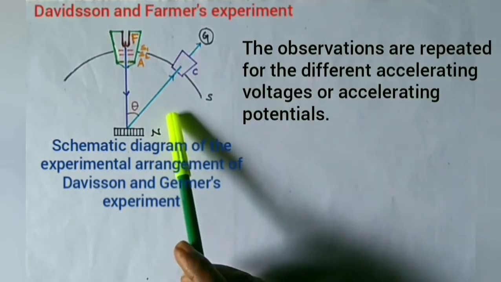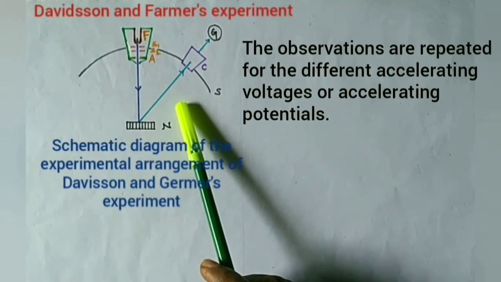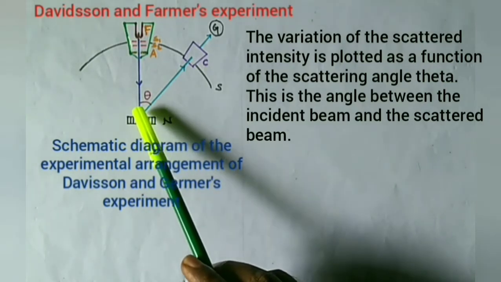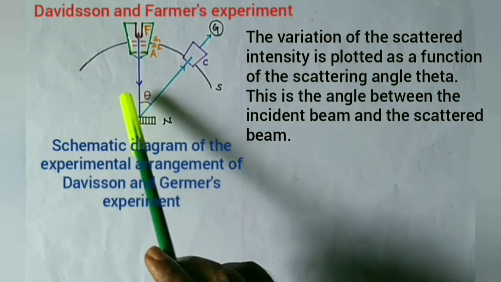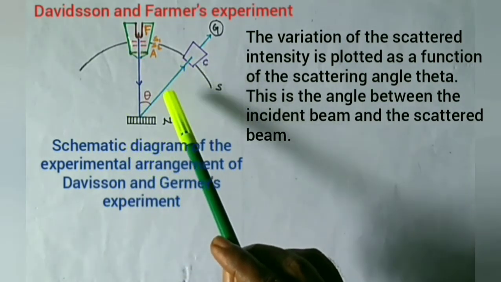The observations are repeated for different accelerating voltages or accelerating potentials. The variation of the scattered intensity is plotted as a function of the scattering angle theta. This is the angle between the incident beam and the scattered beam.